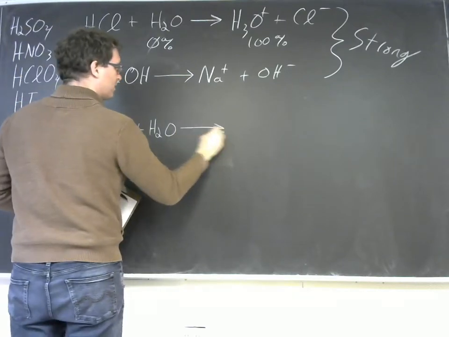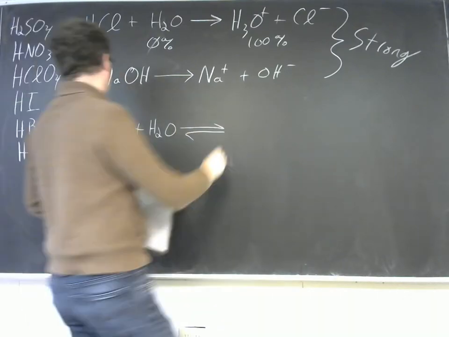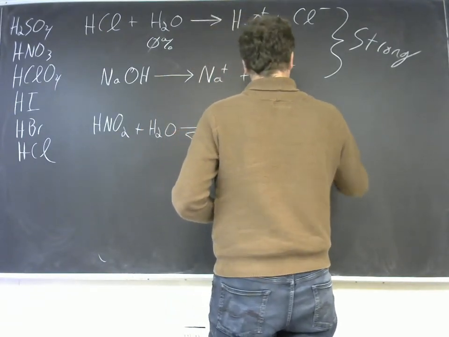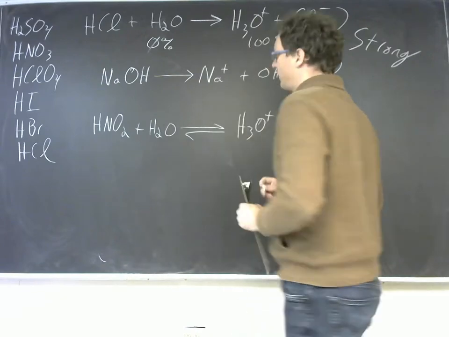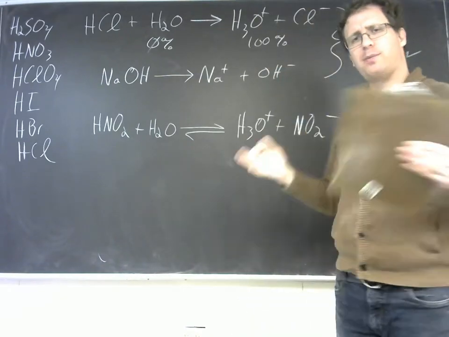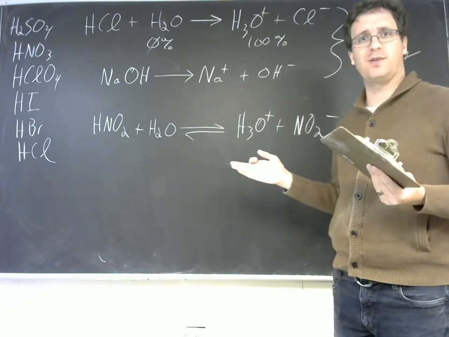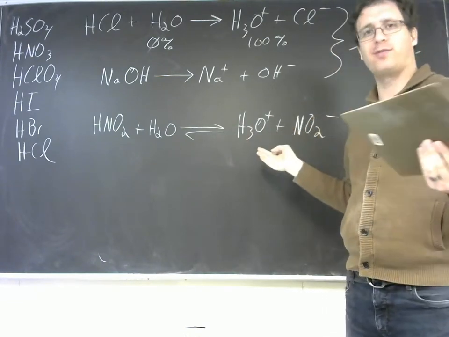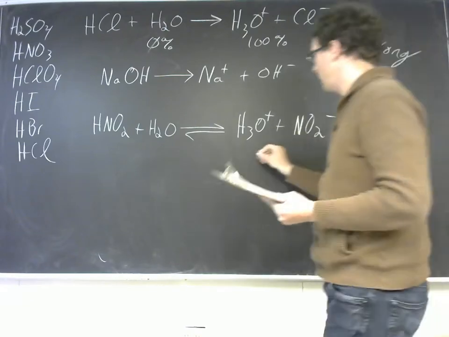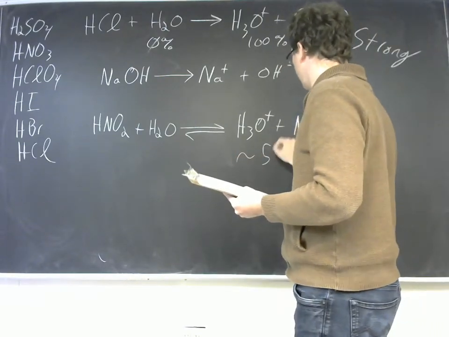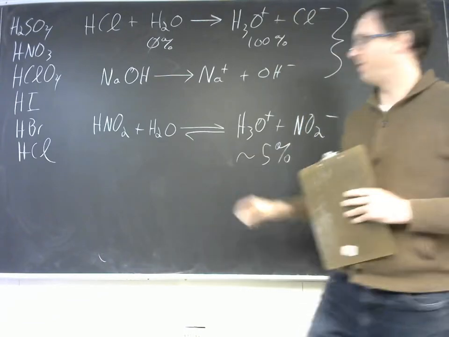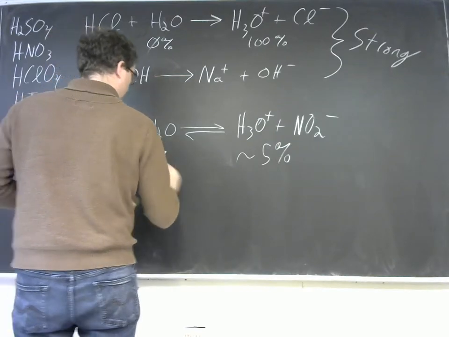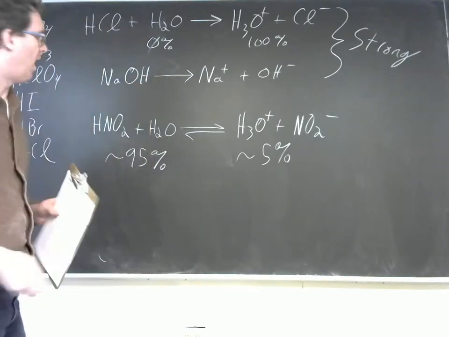This is going to reach an equilibrium with H3O plus and NO2 minus. And the equilibrium is probably going to be highly reactant favored. So the particular numbers will be different from one acid to the next. So I'll say maybe this is about 5%, and this is about 95%.